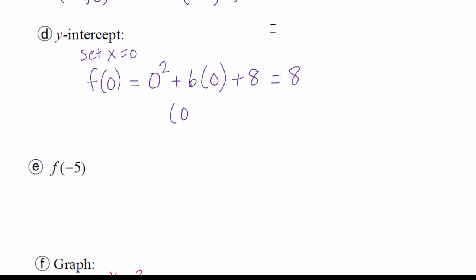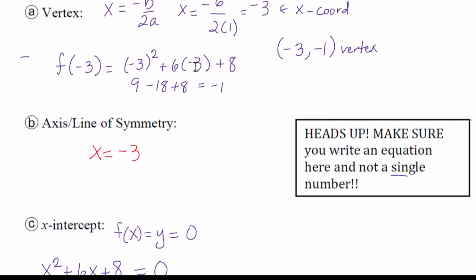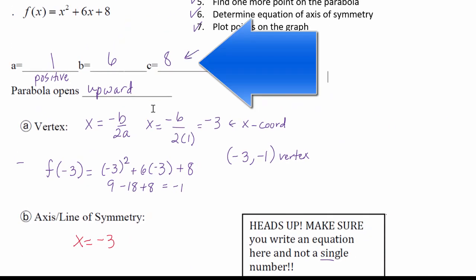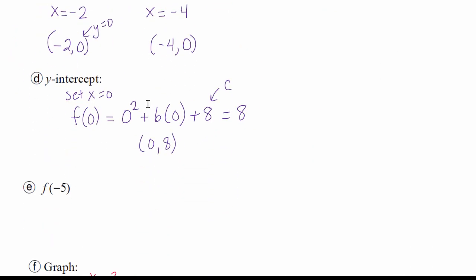So 0, 8 is our y-intercept. And if you happen to notice that 8 also happens to be our c value, let's check that. See that? Our c was 8. Then you're going to learn pretty quickly that 0, c is our y-intercept when you've got your equation in standard form.